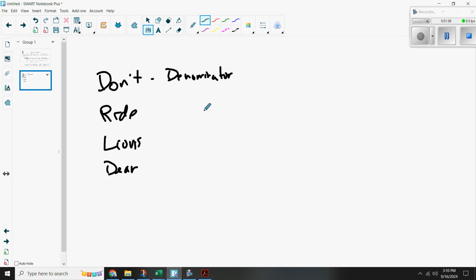The ride stands for radical sign. The lions stands for logarithm. And the last, dear, stands for defined. We'll go through each of these individually, but these are the only things that are going to remove values from the domain of your function.